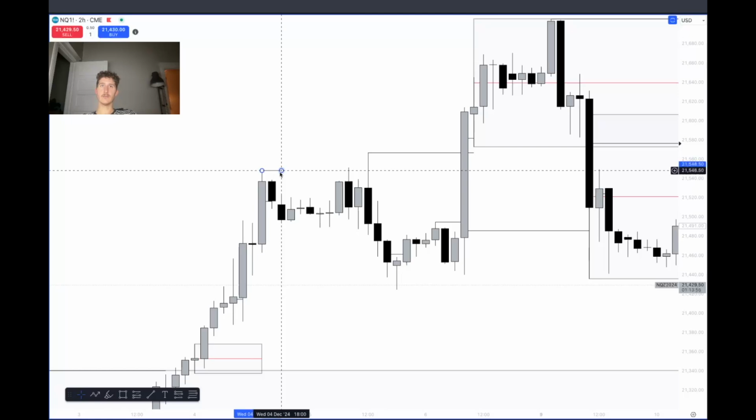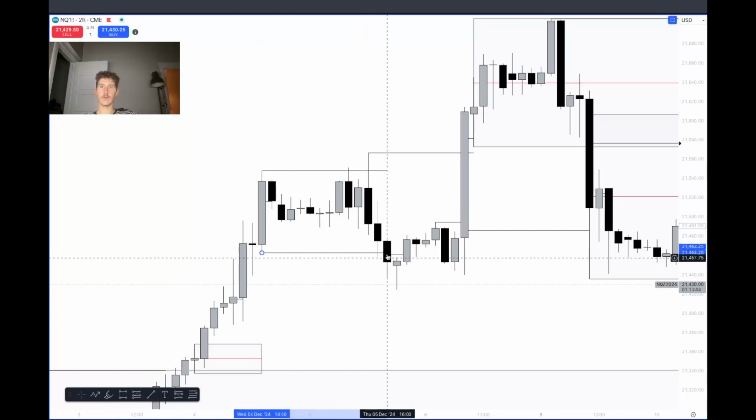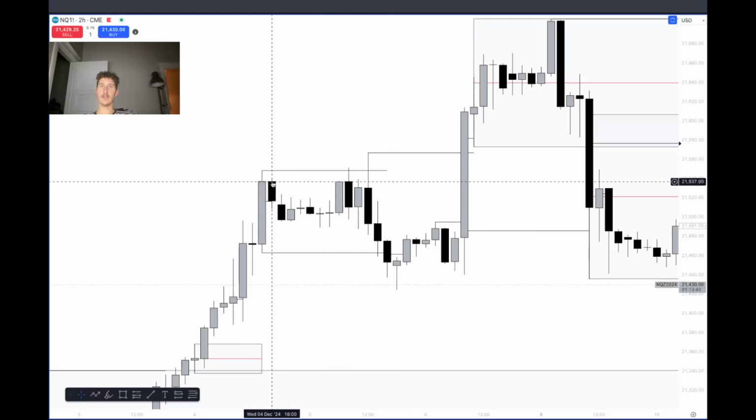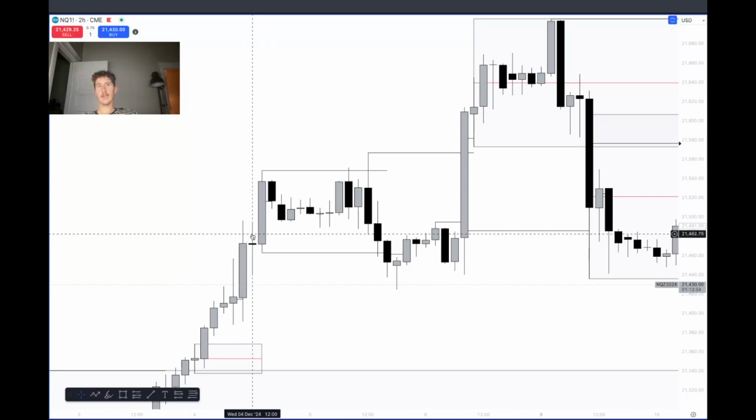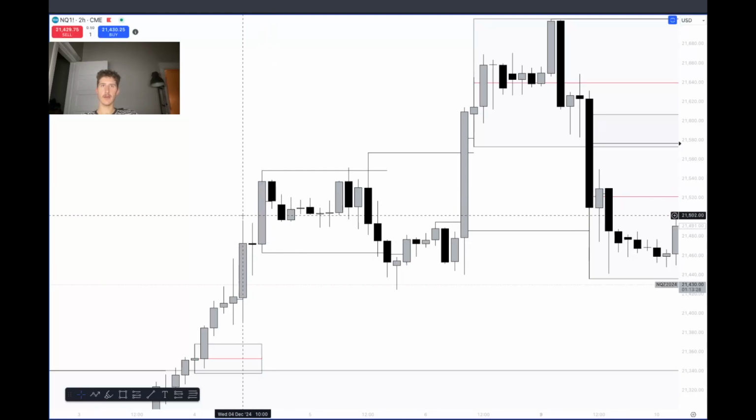Now it takes 13 candles all the way to this one right here before we actually validate this high. So this whole time, we're just inside the range of this bullish high range candle right here.